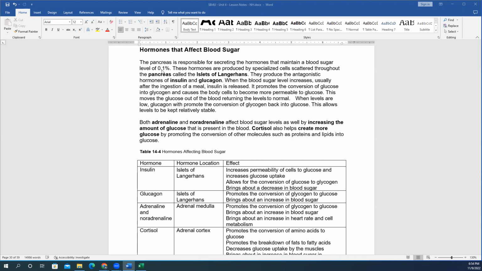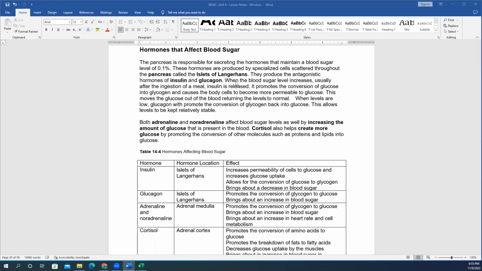And these hormones are actually produced by very specialized cells throughout the pancreas called the islets of Langerhans. And these cells produce two hormones, insulin and glucagon.